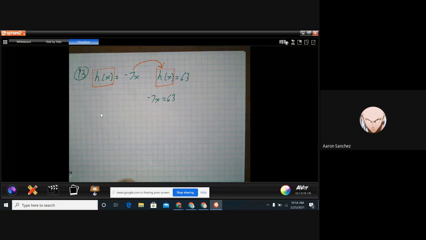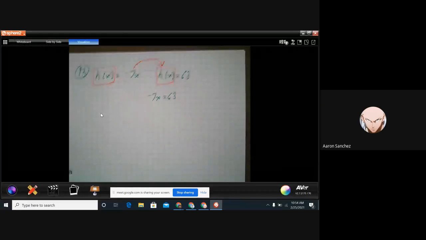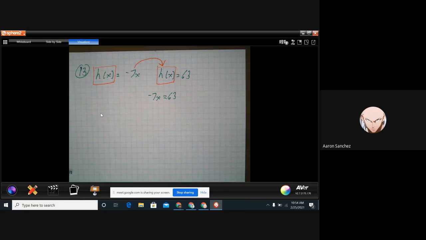Go ahead and write that down. Because they're both equal to h of x, I can set them equal to each other and solve for x. What is x equal to? Go ahead and solve for x.